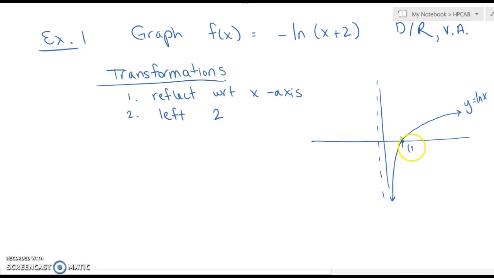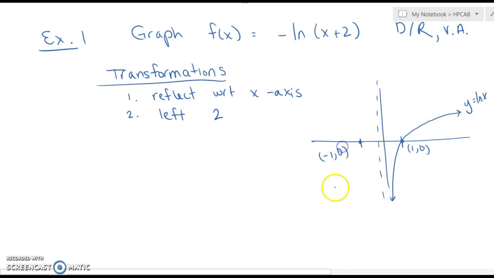And then what's happening is this thing is reflecting over the x-axis, so your new point is going to land here at negative 1, 0. Sorry, it's not going to land at negative 1, 0. What's going to happen is it's going to reflect over the x-axis, so this point's staying the same, but the rest of the graph is kind of flipping. And then we're going left 2, so this point is going to move 2 spaces to the left.